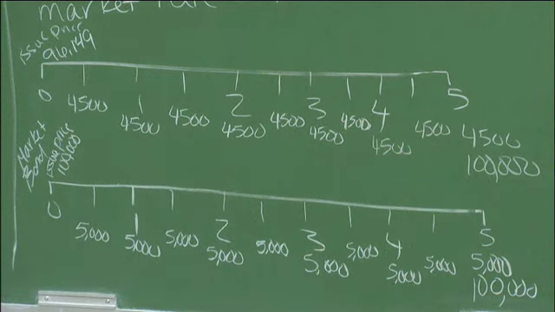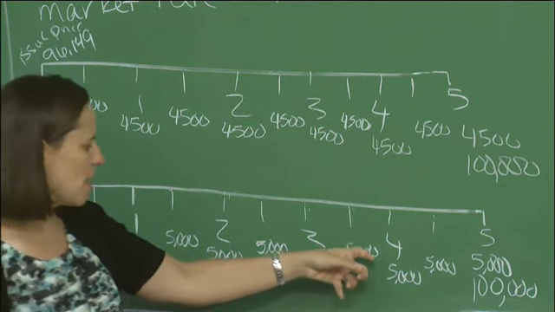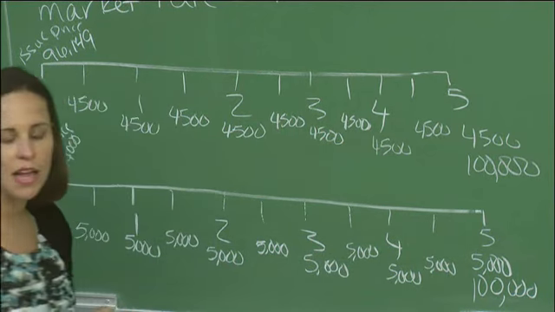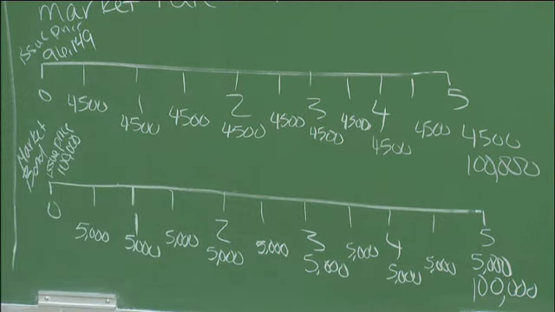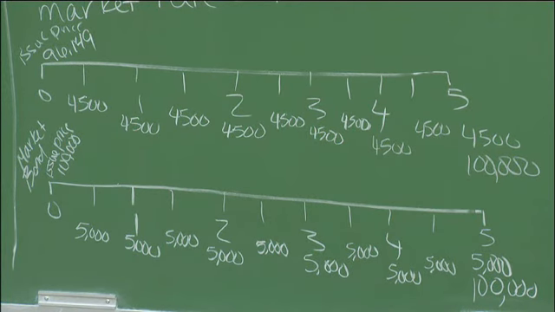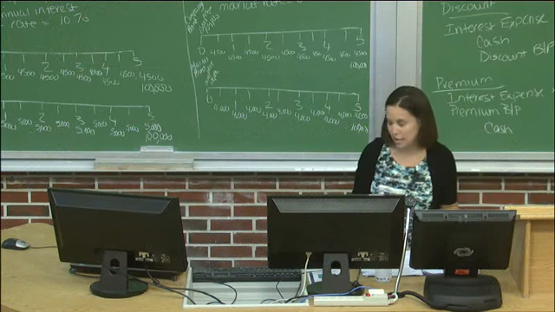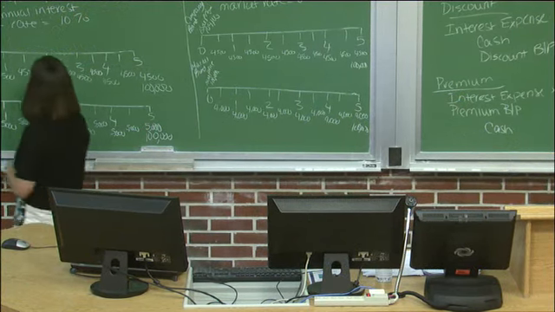If we look at a market bond, so a bond that pays the market rate of interest, the issue price would be $100,000. And that market bond would pay $5,000 interest each interest period plus $100,000 at maturity. So when we looked at this, we said that the total discount here was $3,851.